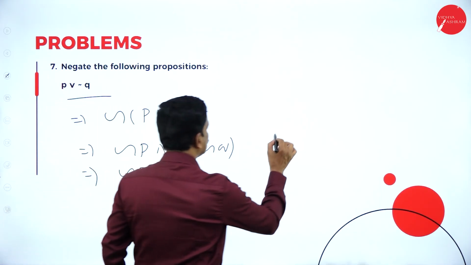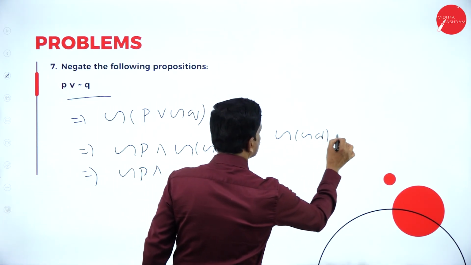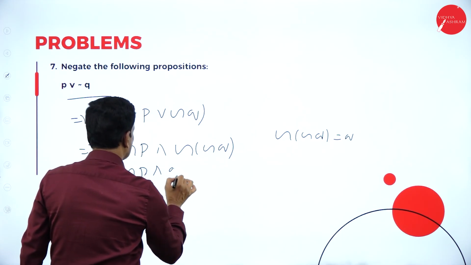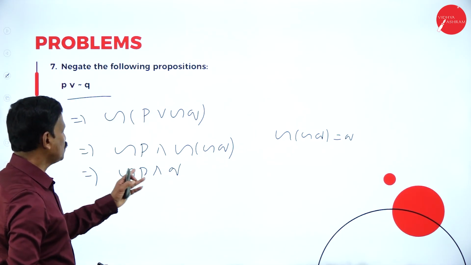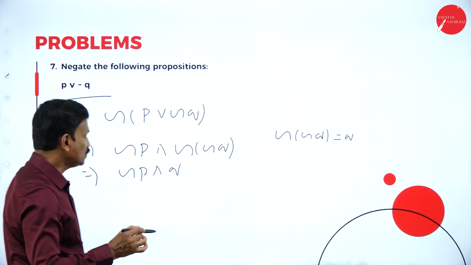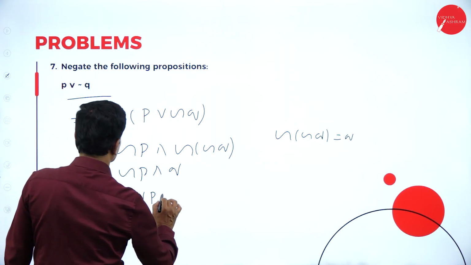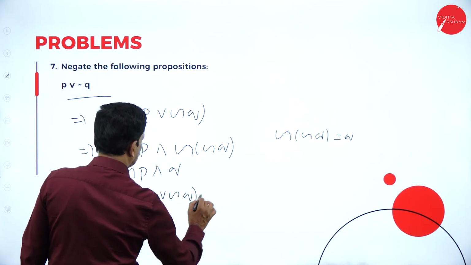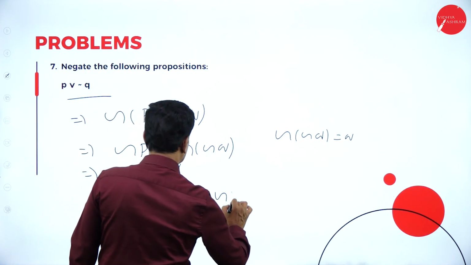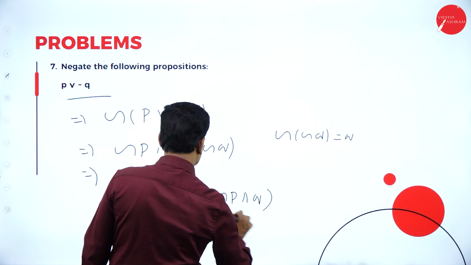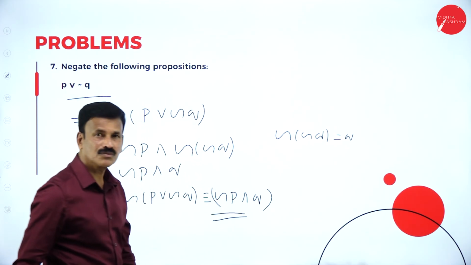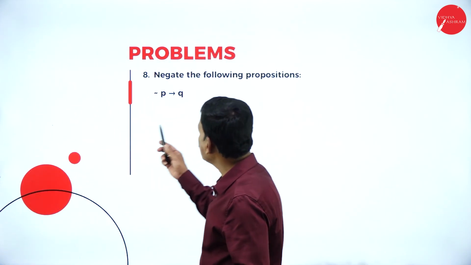Negation of a negation is always equal to Q. So this becomes Q, right? So negation of P conjunction Q. So what is the conclusion? Therefore, negation of P disjunction negation Q is equal to negation of P conjunction Q. That's it. Followed? Okay. Now move on to the next problem.